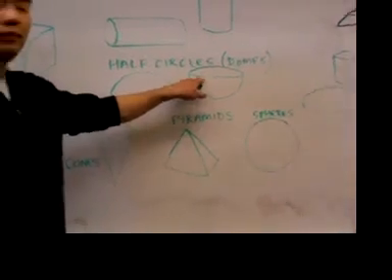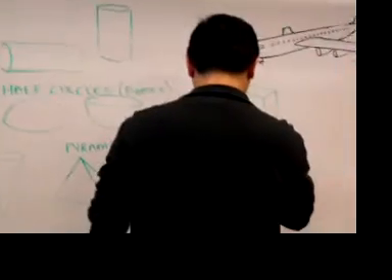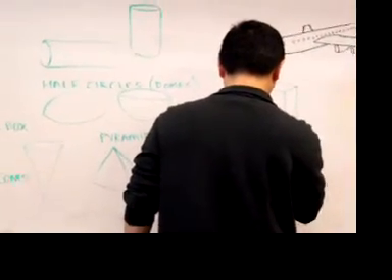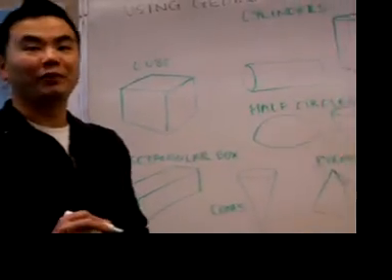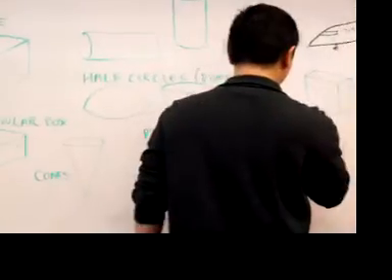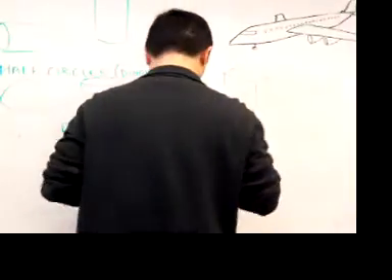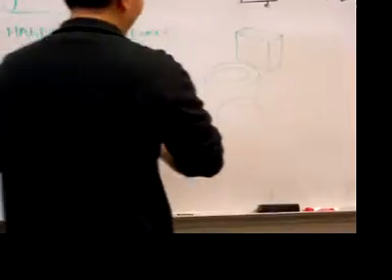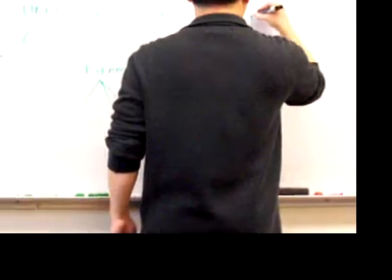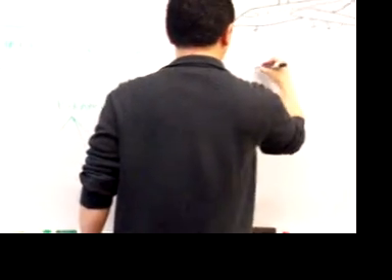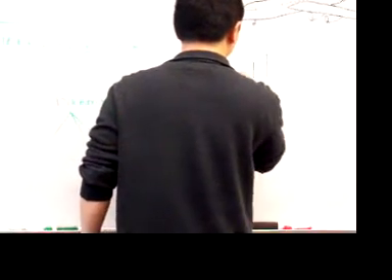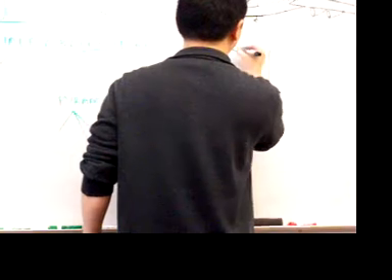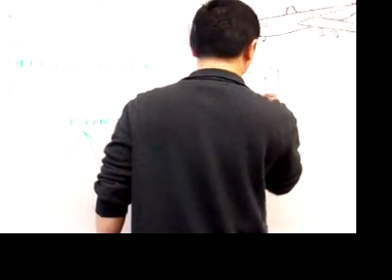That is a half circle. That's another half circle. So what do you think I'm drawing? Yeah, you use it every day. It's a toilet. Okay.